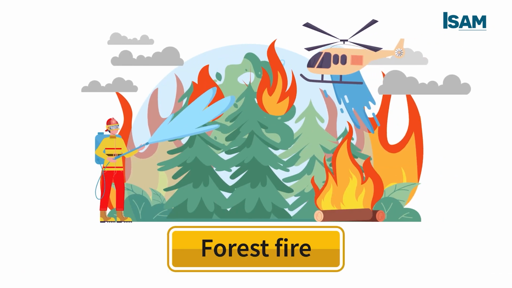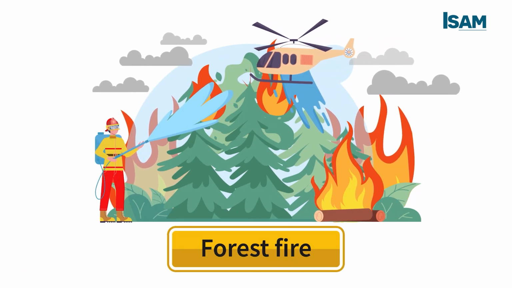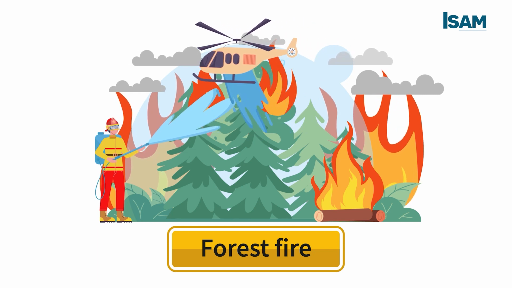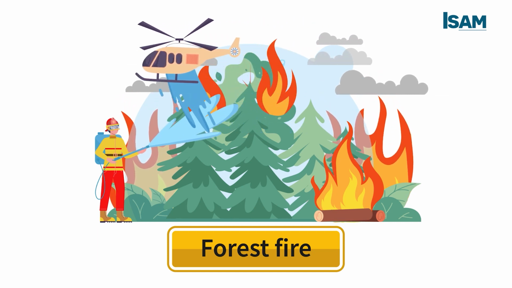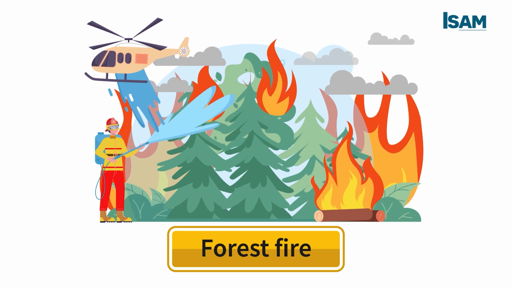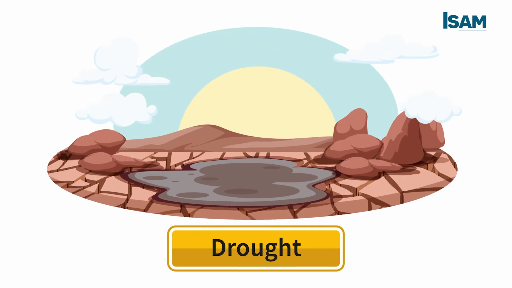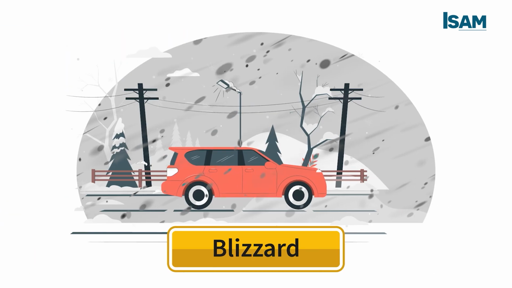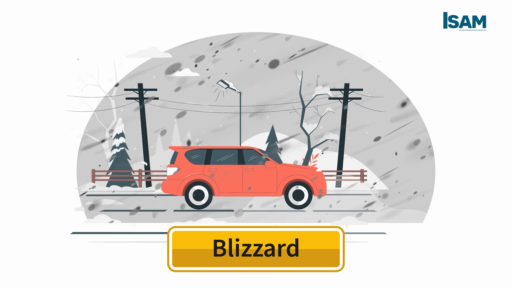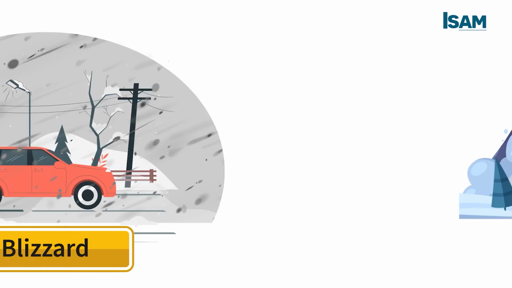Forest fire, a fire burning in an area of land with many trees that is difficult to control and sometimes spreads quickly. Drought, when there is not enough water because it hasn't rained for a long time. Blizzard, a very strong snowstorm.